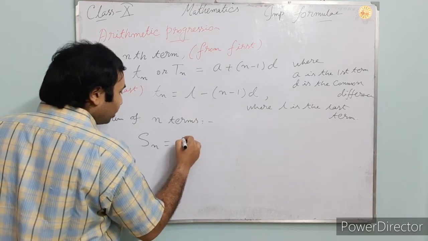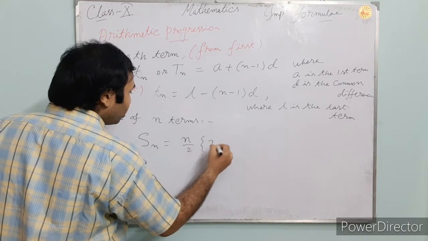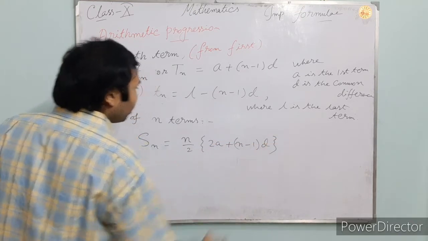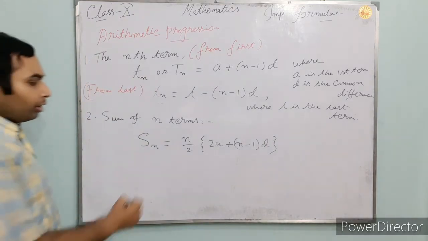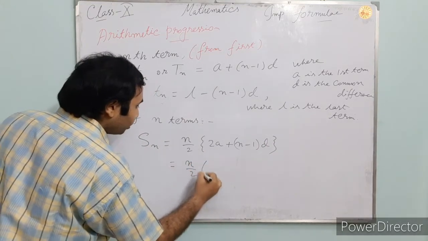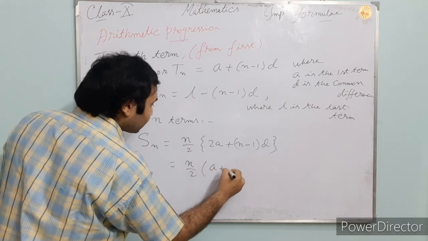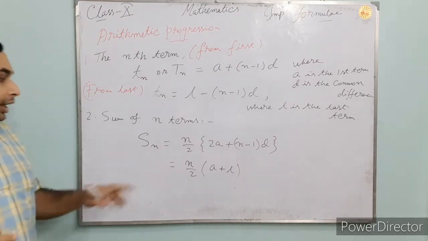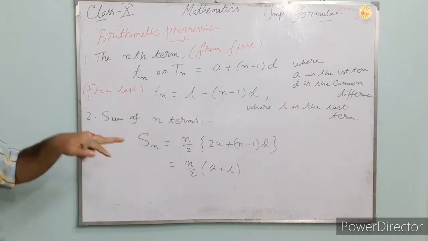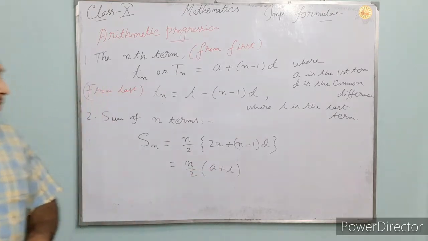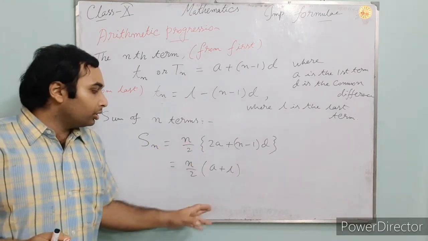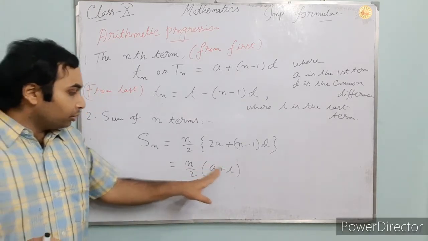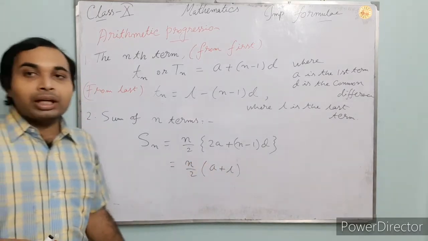Sn equals n by 2 into 2a plus n minus 1 into d, or n by 2 into a plus L, that is, the first term plus the last term. n means whatever the number of terms mentioned there. Whenever the last term is mentioned, you can use this formula also, n by 2 into a plus L.